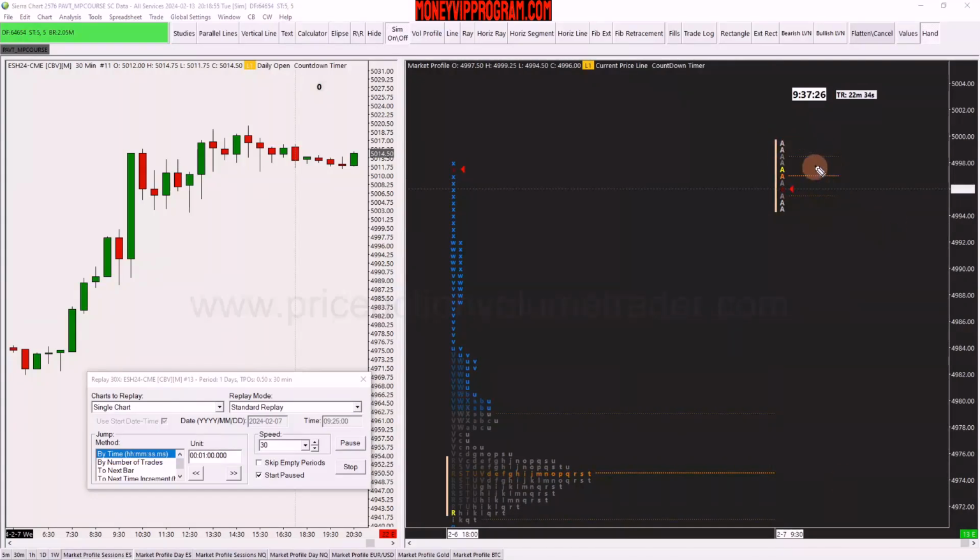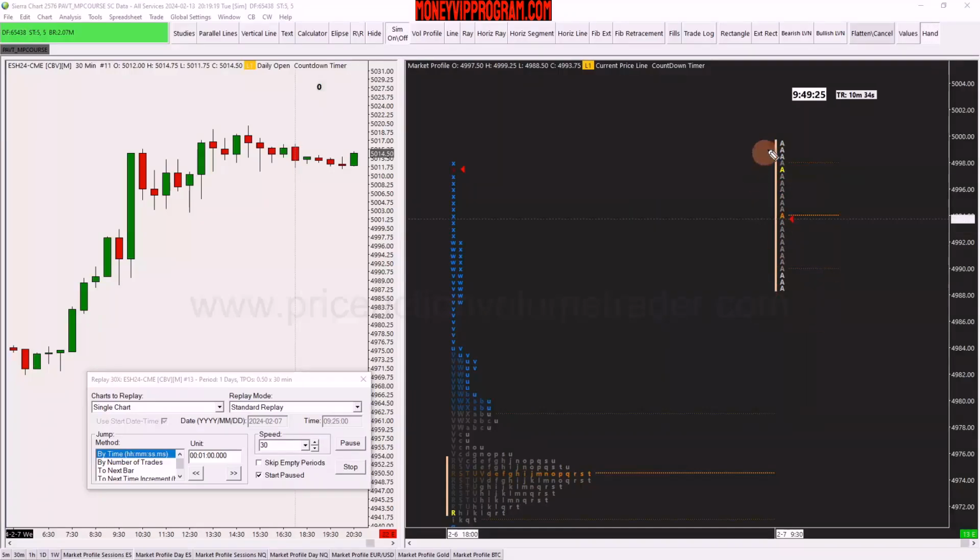We're going to talk about the chart elements soon, but here's your point of control. Here's your value area high and low. So everything within this value area represents the 68% of the time that this chart has spent in that range. Then here, we're going to talk about this later, but this is the initial balance.